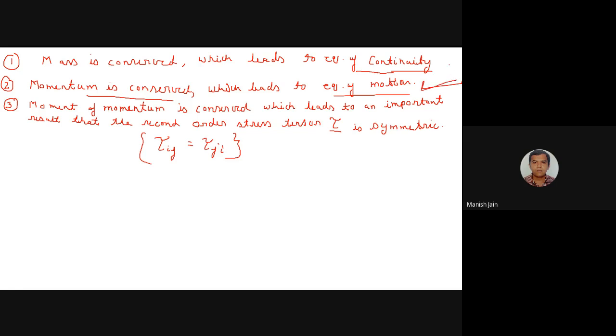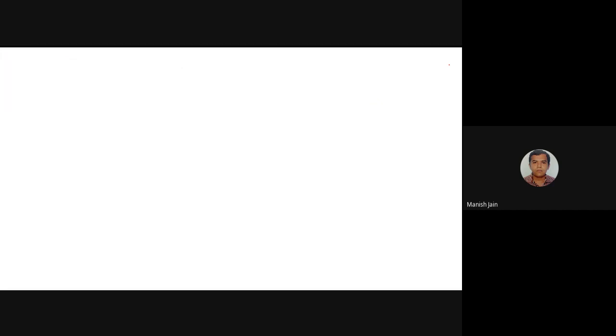Okay. So quickly, I'm repeating the derivation of the equation of continuity, so you will remember that. First we will derive the equation of continuity very fast. So axiom 1, mass is conserved.